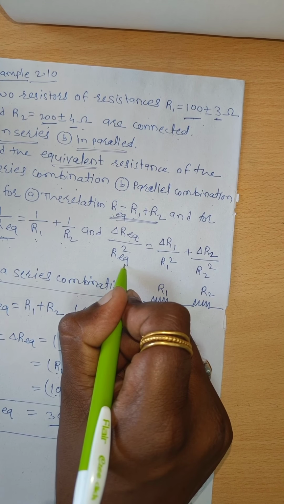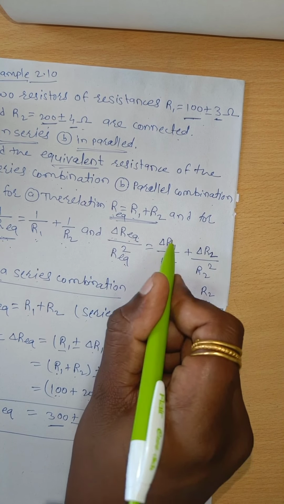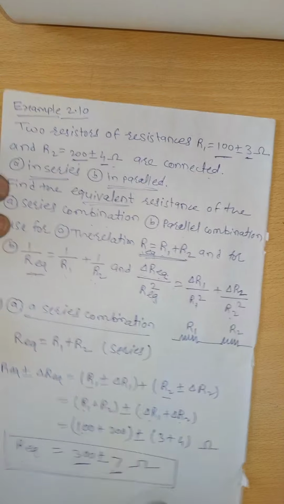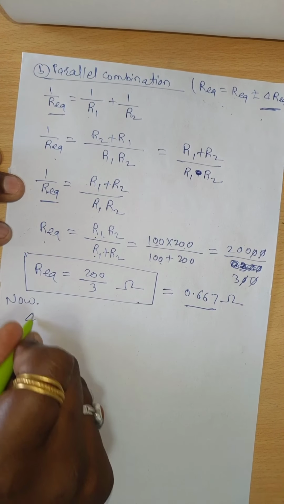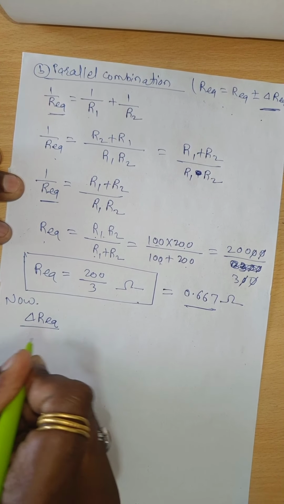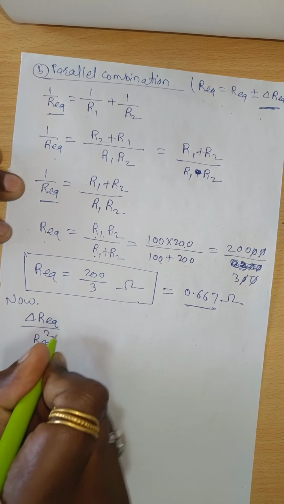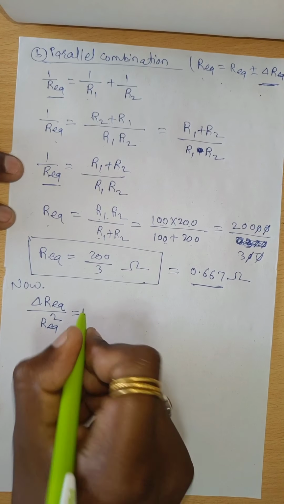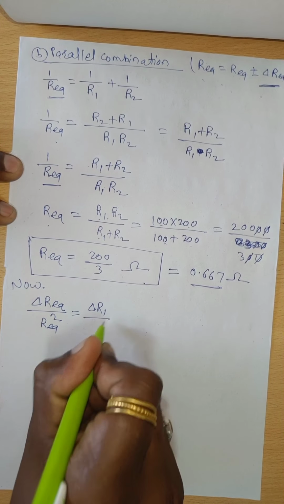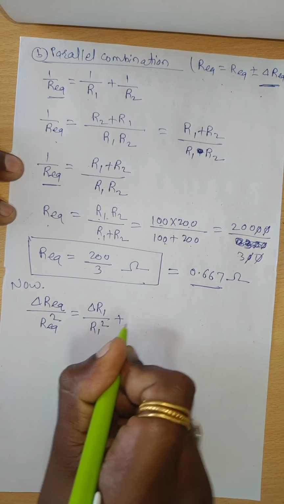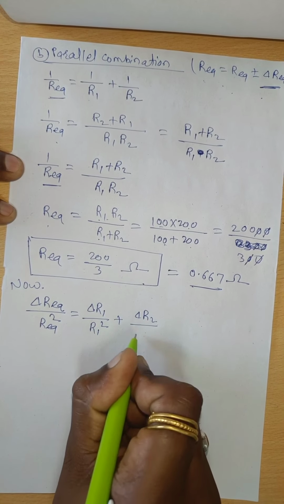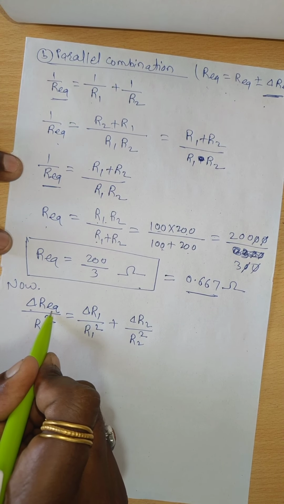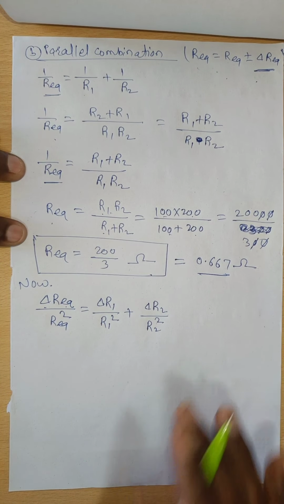Delta R equivalent divided by R equivalent square is equal to delta R1 by R1 square plus delta R2 by R2 square. Using that formula you have to determine delta R equivalent.